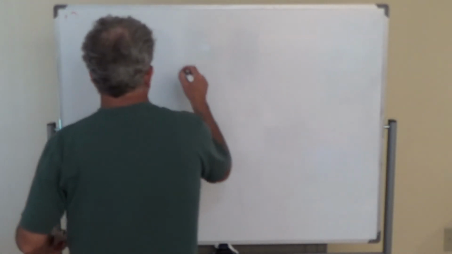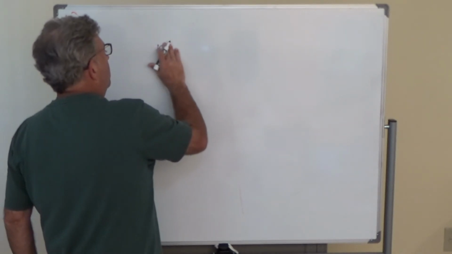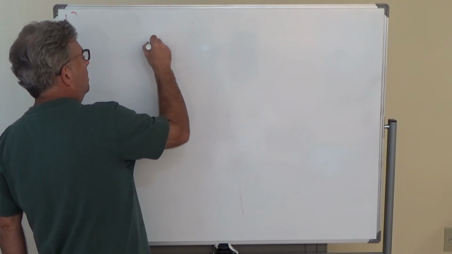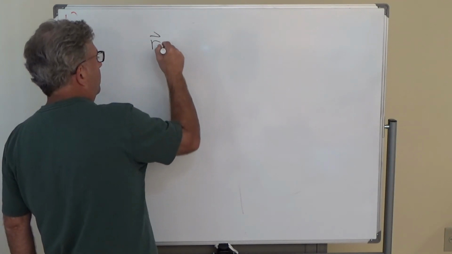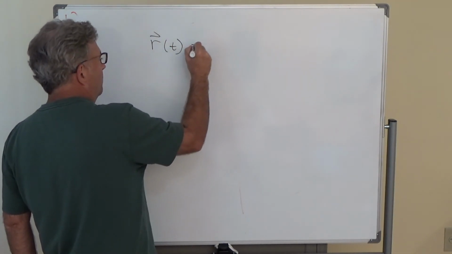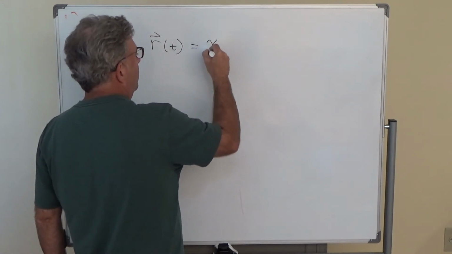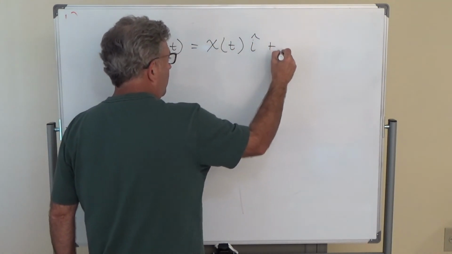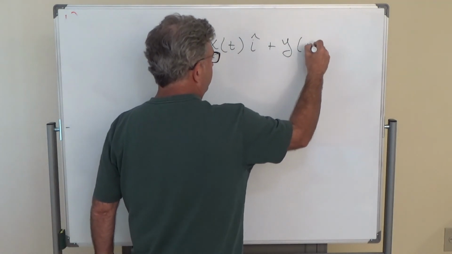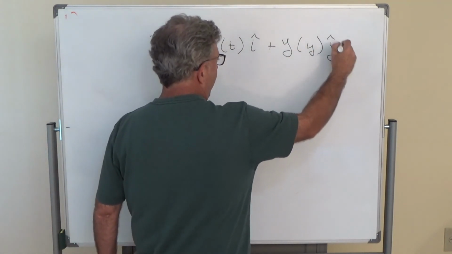Okay, that's a lot of information. So what they're saying is the position is some function of time. It's x of t i hat plus y of t j hat.